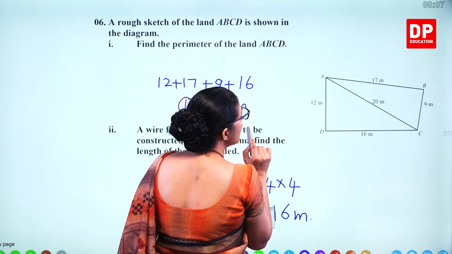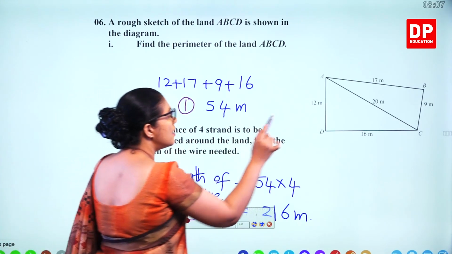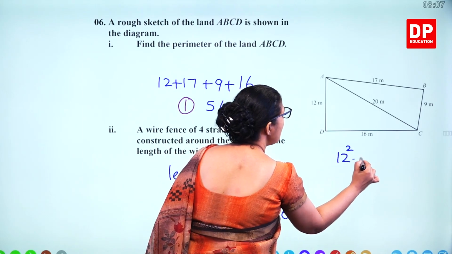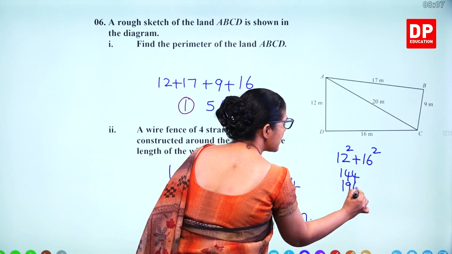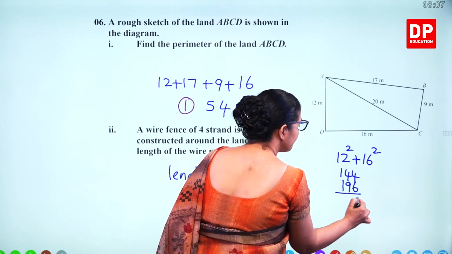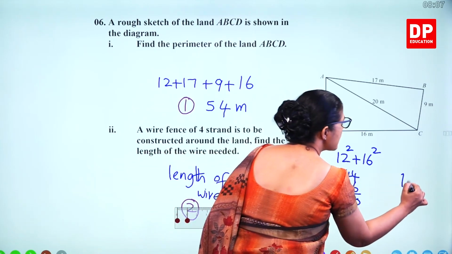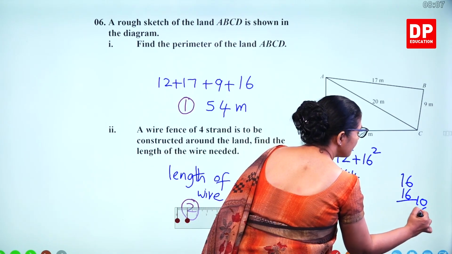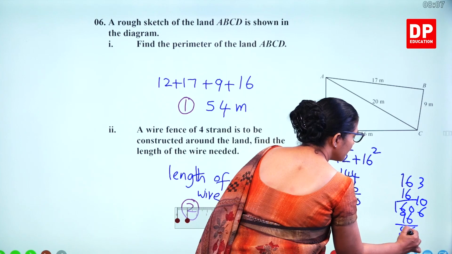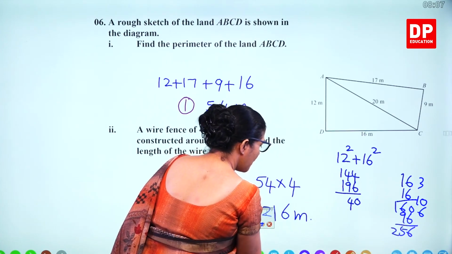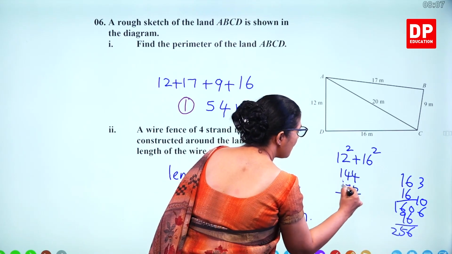It's 12. So if Pythagoras theorem is satisfied, that means a 90-degree angle. 12 squared plus 16 squared. 144 and 16 times 16, 256.